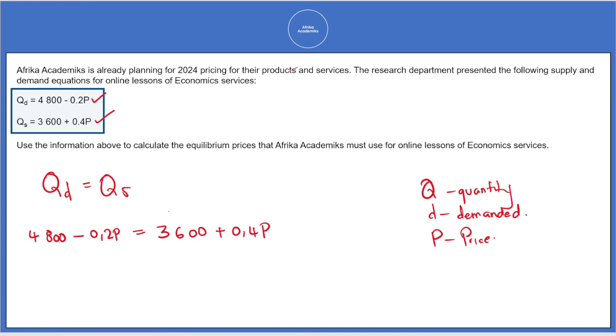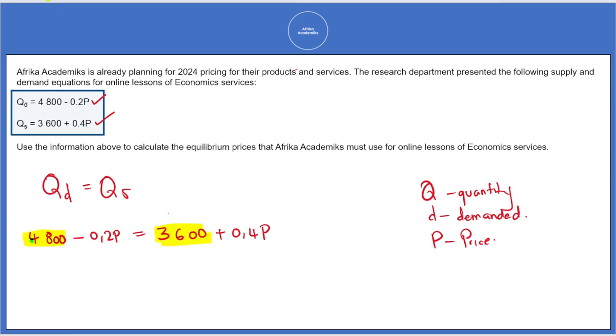So the way to balance this, you just take numbers to one side. So here you see we have 4,800. Here we have 3,600, right? Those are numbers. The other numbers, they have a P, so we can't really call them normal numbers, but they are numbers as well, just not normal, right? I'm referring to this. All right, so we'll just take the yellow colors to the left side. So you'll have 4,800, and then that 3,600 will come to the left side.